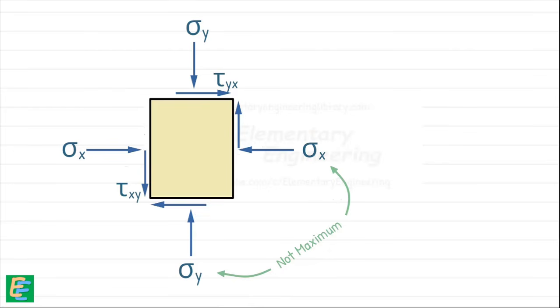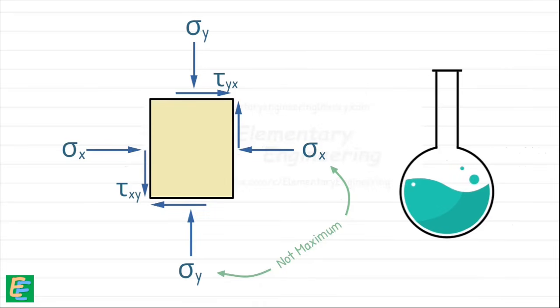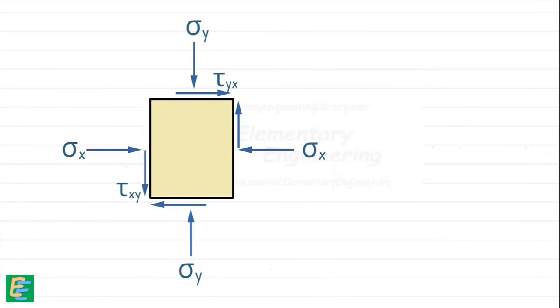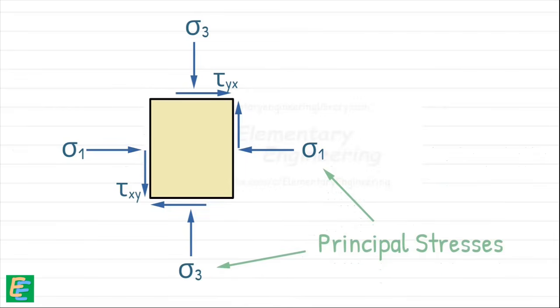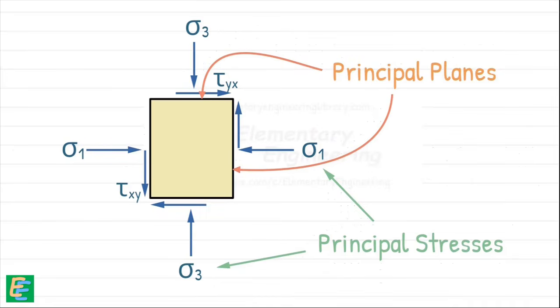Therefore, to simplify the analysis and to create a scenario similar to what we create in the lab, we consider that the horizontal and the vertical stresses are the maximum and minimum stresses that a soil sample is experiencing. Hence, these sigma x and sigma y become sigma 1 and sigma 3 respectively. So these stresses become principal stresses, and the planes on which they act become principal planes. We know that on principal planes, shear stresses are 0.